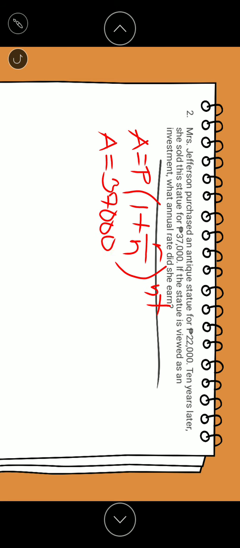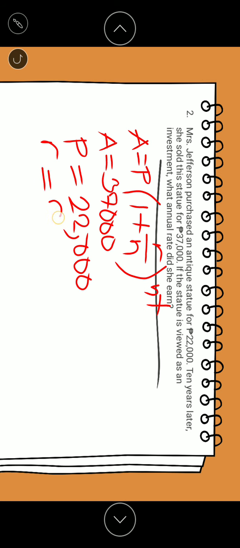And P, the principal, we have 22,000 pesos. The R is the interest rate that we need to find, so we put a question mark. N, the number of times.